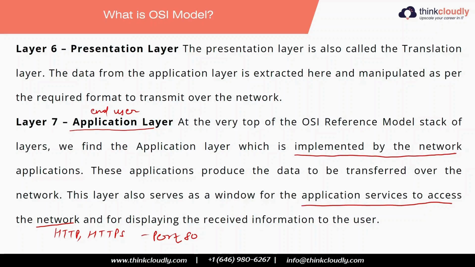Let's suppose I say port 443, it's implicit that it's being used for HTTPS. When I say port 23, it's used for Telnet, right? Port 22 is used for SSH, 53 for DNS. So these are some of the well-known ports, and these are the standard ports that we use.